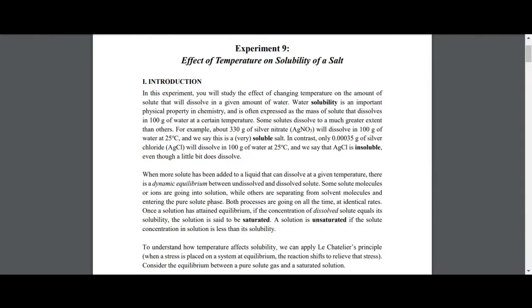If you add another amount, it would still dissolve. Now, if you add 10 more grams to make it 25 grams, what is happening?